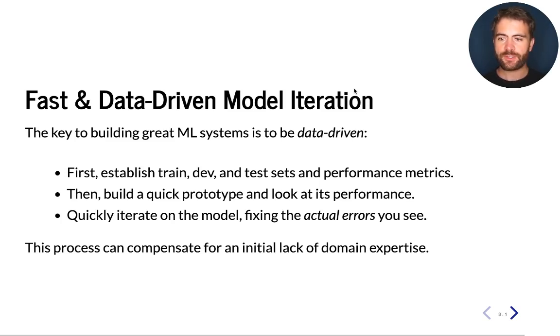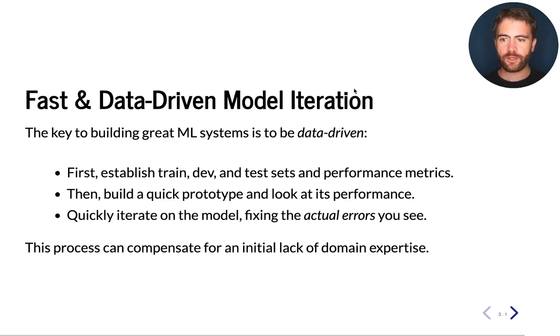And then based on these metrics, we quickly update the model. We implement ideas that are guided by the errors and the metrics that we see, and doing so will quickly produce multiple iterations of the initial model, which are going to gradually improve the metrics and improve performance in a systematic and principled way.